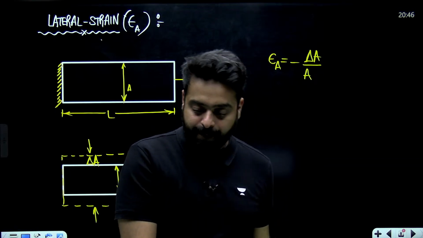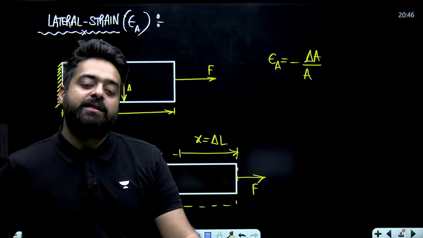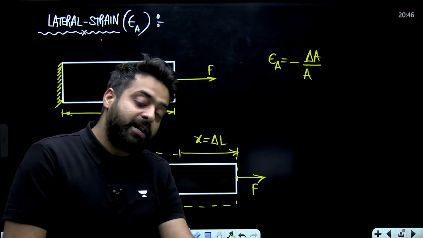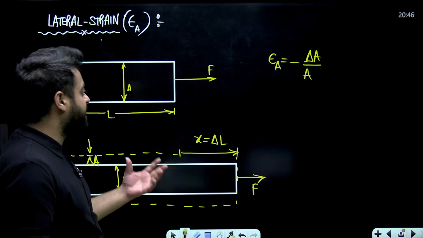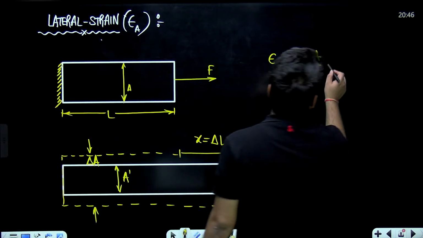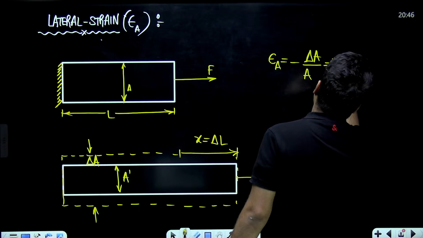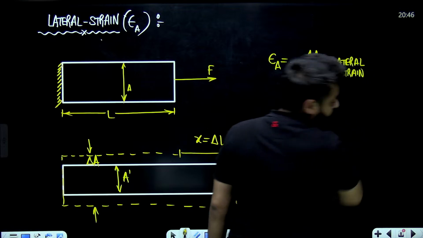That change in the area with respect to the original area is called lateral strain. Longitudinal strain is different, lateral strain is different. So that is called lateral strain.